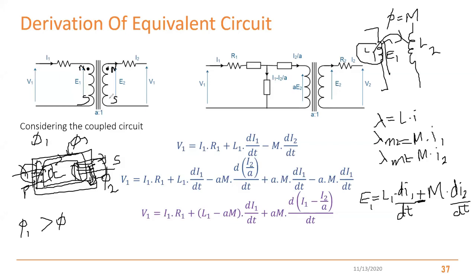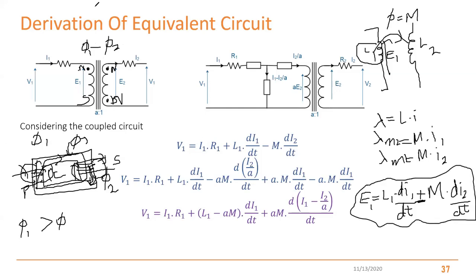If both norths are in the same direction, the total flux is reduced, that is phi1 minus phi2. If we have north and south poles, they add together. Therefore, E1 can be written like this.